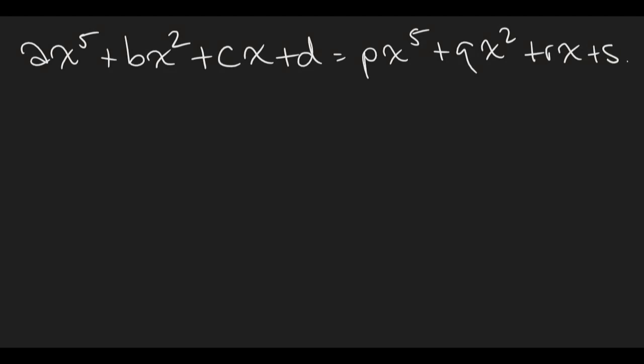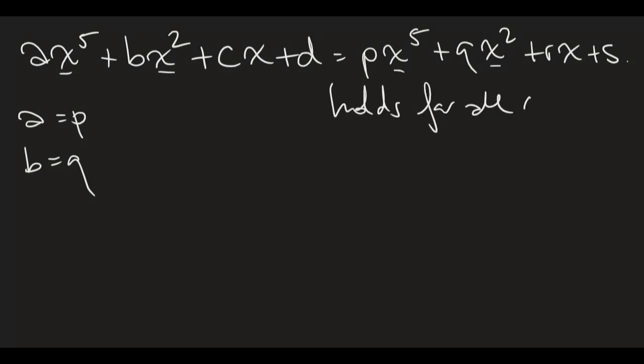So we see we have an x to the 5 here and an x to the 5 here. We can say a is equal to p. We have an x squared and an x squared, so we can say b is equal to q. And it's important that this holds for all x as well. So we also have a term with c and an x, and then we have this term with an r and an x. So we can say c is equal to r, and our constant terms are then equal as well. So d is equal to s.